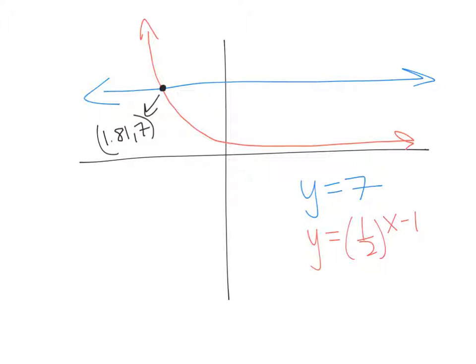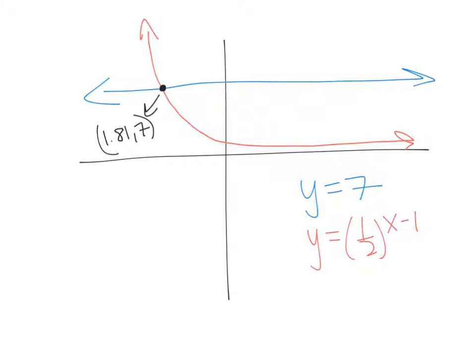My first question is, when will my y values on my exponential function be less than my y values of my linear function? What will x be during that time?